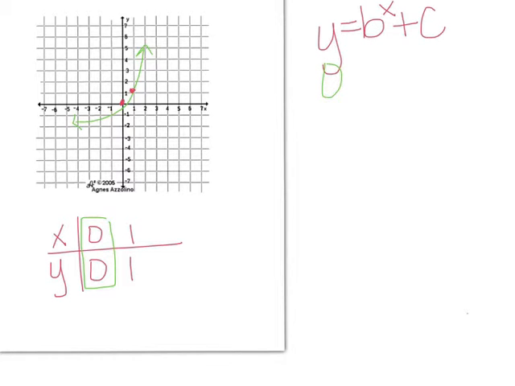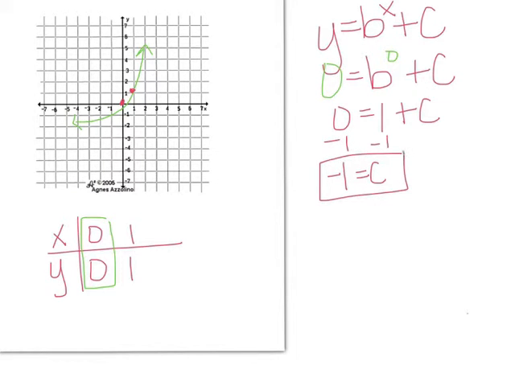So 0 equals b to the x, and we know x is 0, plus c. Well, anything to the 0 power is 1, so we have 0 equals 1 plus c. Subtract 1 from both sides, and our c value is -1, which just means that we have a vertical shift of down 1 unit.